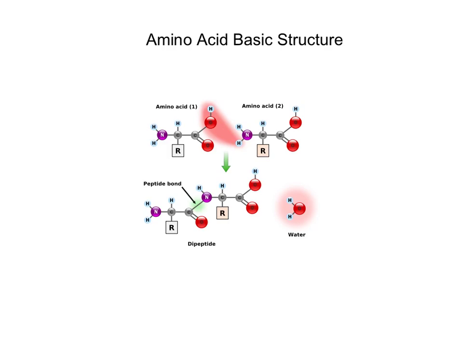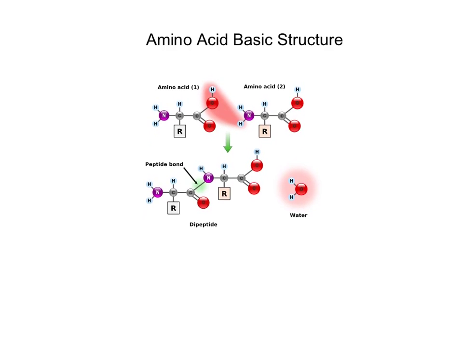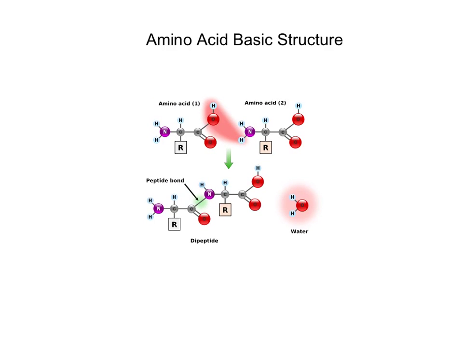Now let's take a look at this amino acid structure and try to figure out what it actually is. It's really simple. The amino acid is a really simple structure. It's made up of these 3 parts. It's that carboxylic acid, hence the acid part in the amino acid.